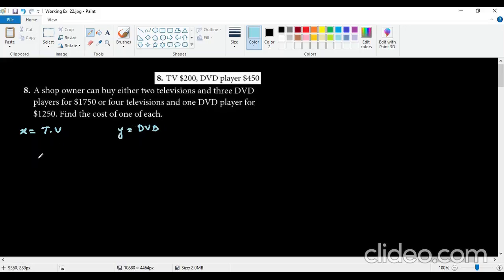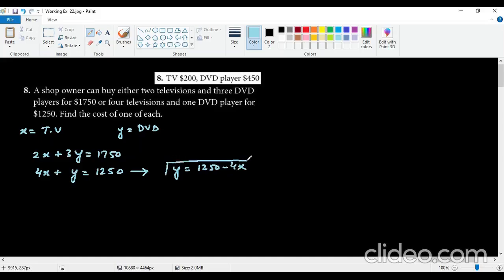Now, according to the condition, it says 2x, 2 TVs, and 3 DVDs equals 1750. And the second condition gives us 4x plus y equals 1250.